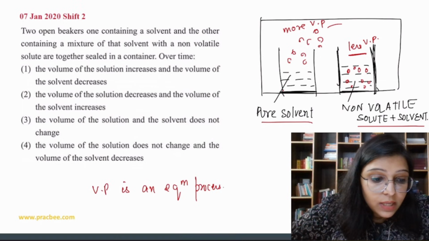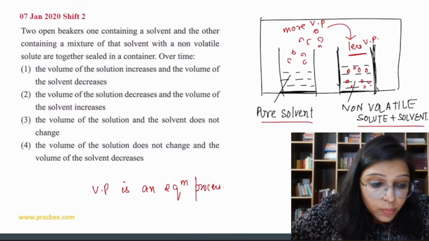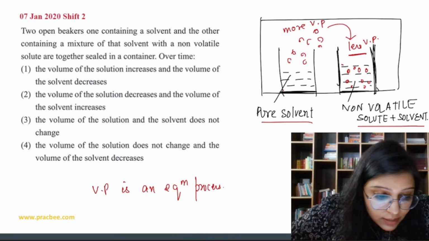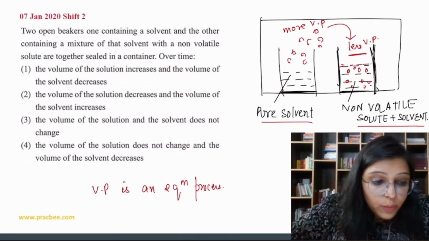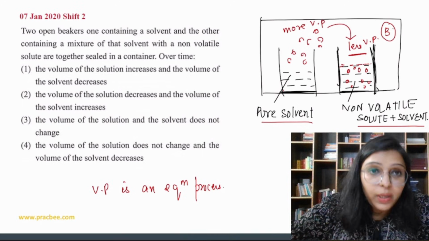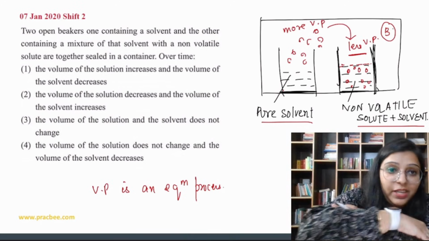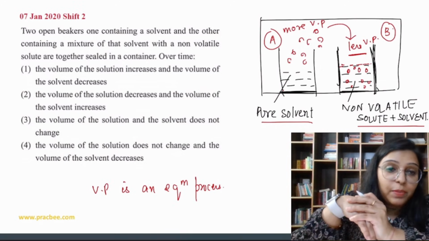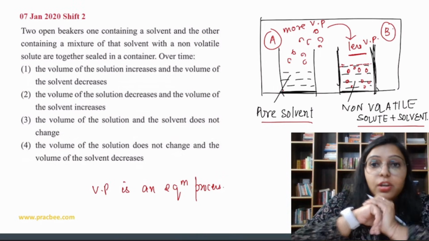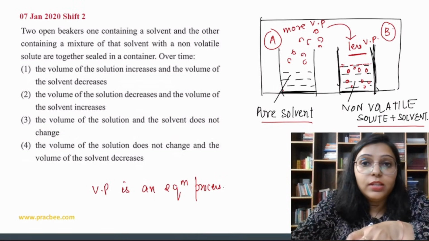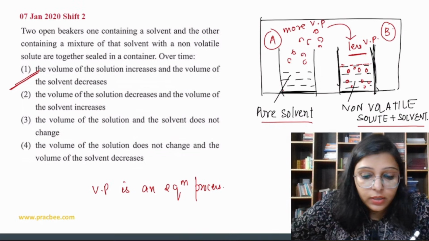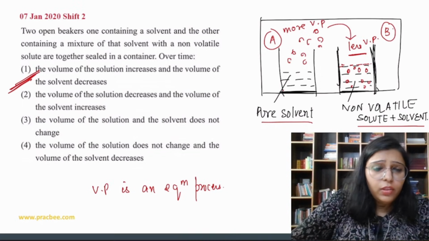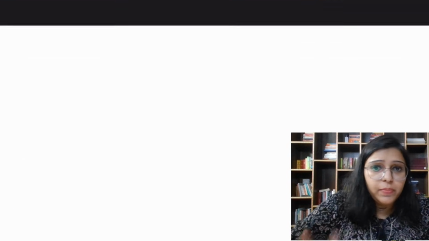So these vapors are going to convert into this, pure vapor goes to B. So pure vapors from A go to B in order to maintain the vapor pressure. So we can say the volume of solution increases and the volume of the pure solvent decreases, right? So these are some questions based on vapor pressure.